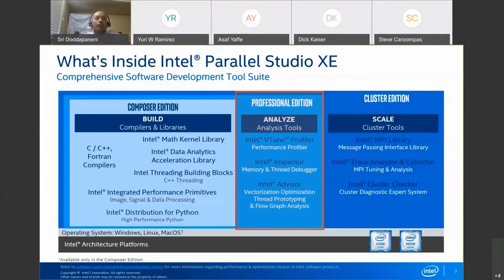Next, I wanted to quickly remind people, if you have been using VTune or any of the analysis tools from Intel that come with Parallel Studio, or some of you may have System Studio packages that you use, those are already included in there.